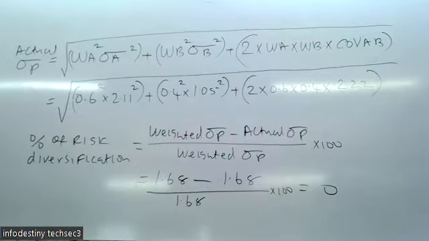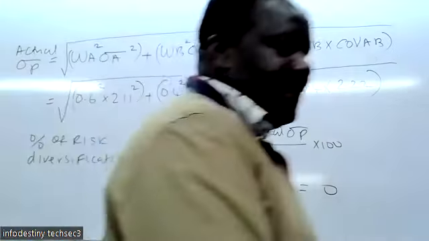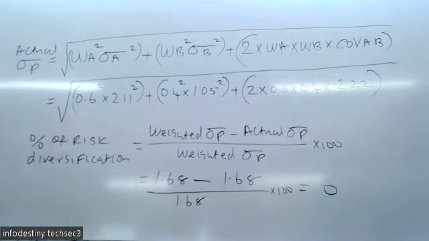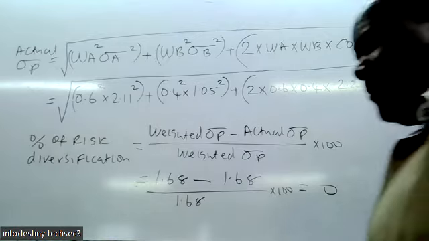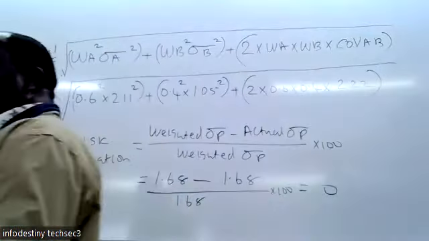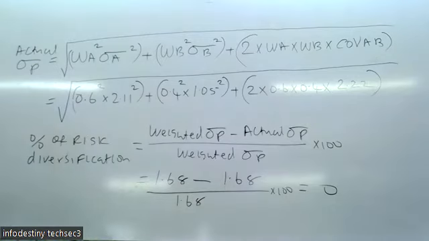So I want you to go back to your notes. Kuna mahali tuliandika something about +1. You can see what we noted about +1. Yeah, if the correlation coefficient is +1, I say that +1 means that the two securities are perfectly positively correlated. And if they are perfectly positively correlated, there will be no risk minimization.